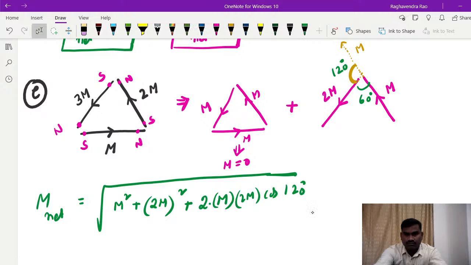By simplifying, for example, this is 2m, this is 2m, this is 3m. That means 2m will get cancelled and the resultant will be m only. Like that we can simplify. In the same way, they can give it in the form of a square. In the form of a square also we can use the same technique to calculate the resultant magnetic moment.